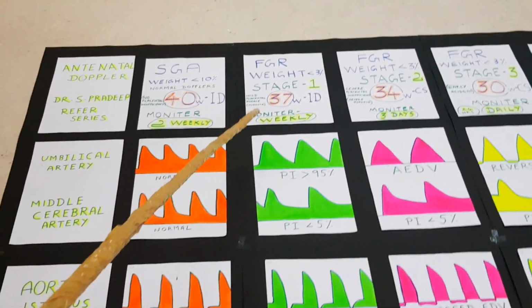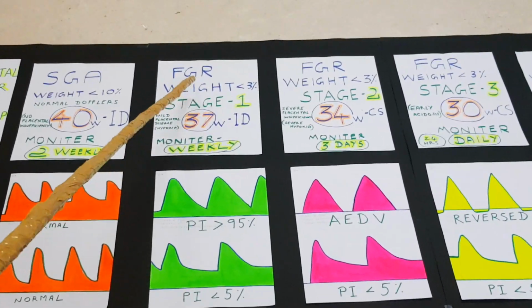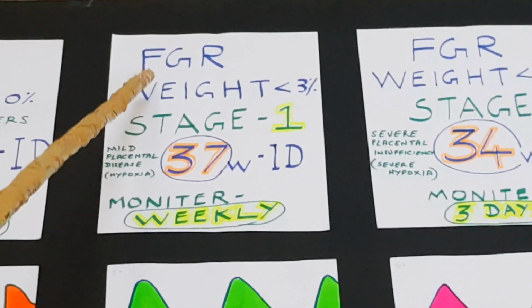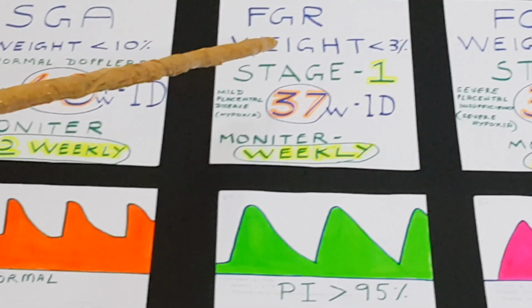Now we come to fetal weight less than 3rd percentile, which gets classified as fetal growth restriction. Let us look at the Dopplers in this fetus.